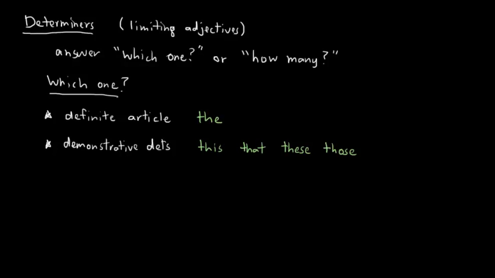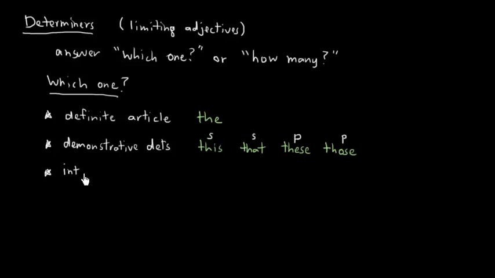And here we begin to see how they're different from regular adjectives. We said regular descriptive adjectives did not change for singular or plural nouns. Well, the demonstrative determiners do. This and that are for singular nouns. These and those are for plural nouns. This dog, these dogs.